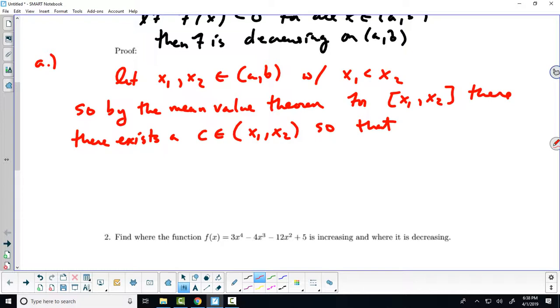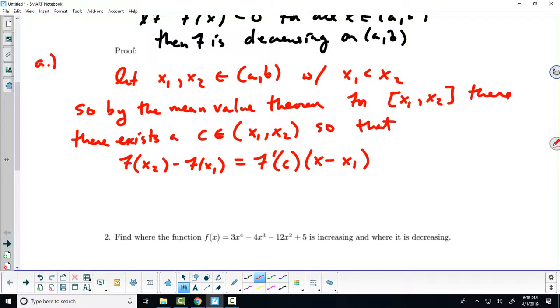Close, not quite f of c, but f prime of c. Exactly. I'm going to state the mean value theorem another way, as the alternate version. If you remember, we gave two different versions. So I'm going to say f of x2 minus f of x1 is equal to f prime of c times (x2 minus x1). But notice if I divided this over, I'd have exactly what we said before.